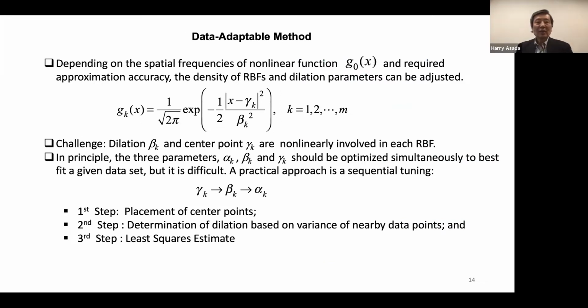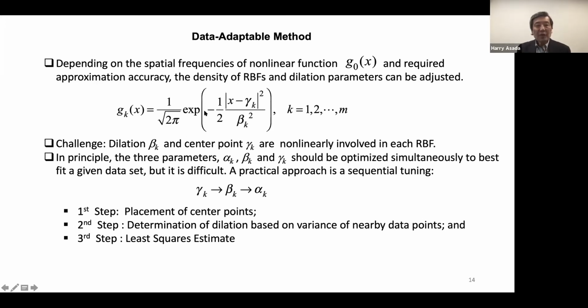Depending on the spatial frequencies of a nonlinear function, g0(x), this is the given nonlinear function, okay? And the required approximation accuracy, the density of radial basis functions and the dilation parameters can be adjusted. So that's what I said here. And now we'd like to adjust the gamma and the beta, okay?